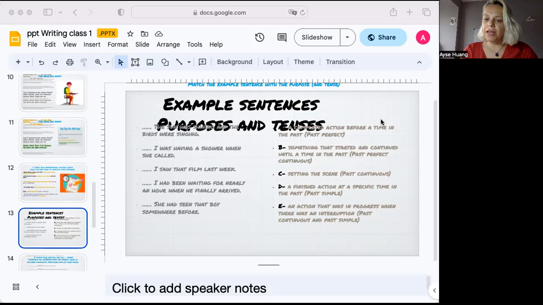Setting the scene: past continuous. A finished action at a specific time in the past: past simple. An action that was in progress when there was an interruption: past continuous and past simple.